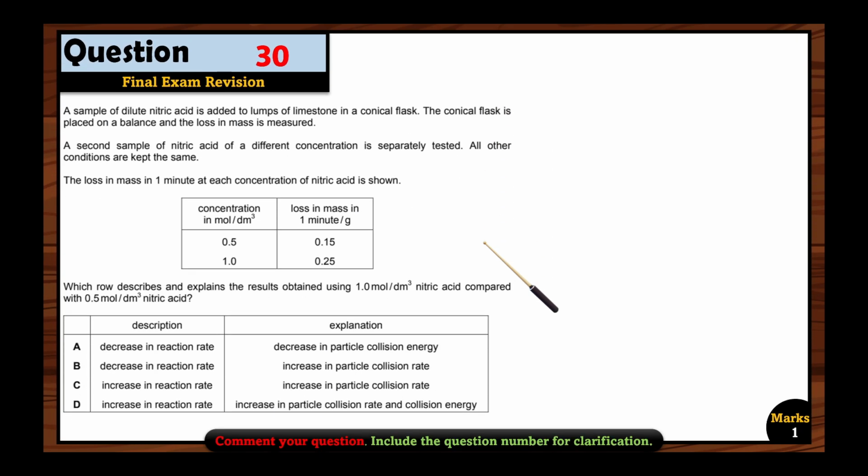Now let's see question number 30. A sample of dilute nitric acid is added to the lumps of limestone in a conical flask. The conical flask is placed on a balance and the loss of mass is measured. They are reacting the dilute nitric acid and the lumps of limestone, calcium carbonate.